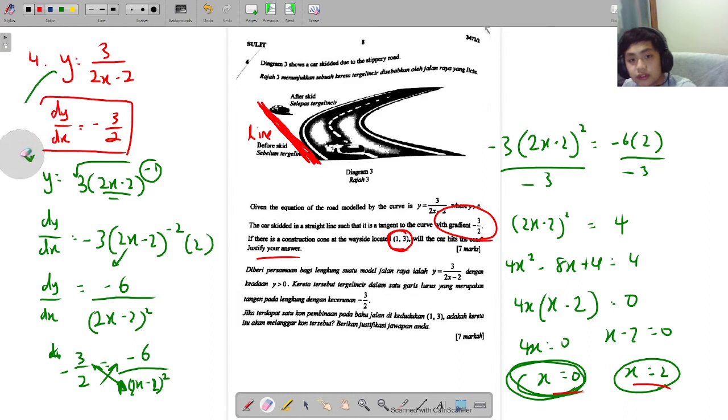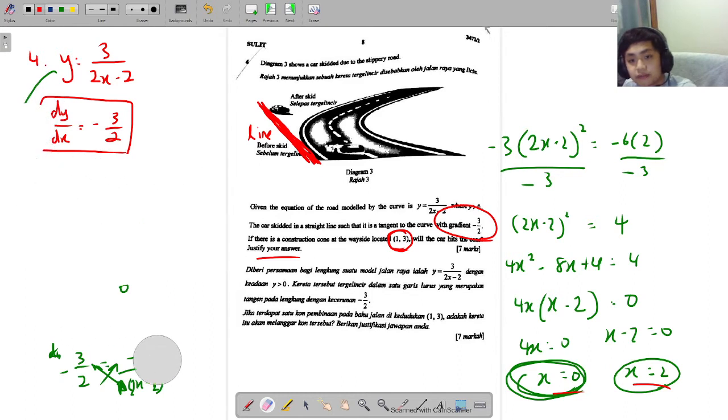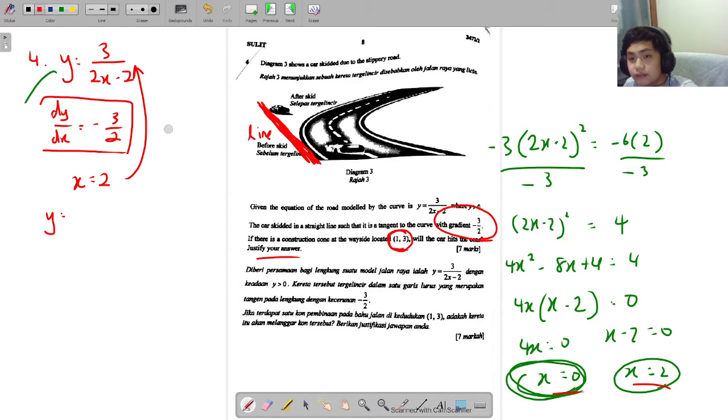So I'm going to erase this part here. Right. So when you have x equals 2, it means that we have one of the coordinates. So I want to find the other coordinate, which I can sub into the curve equation here. So we have y equals 3 over 2 times 2 minus 2, right? Because what happens here is that basically the curve looks something like this.